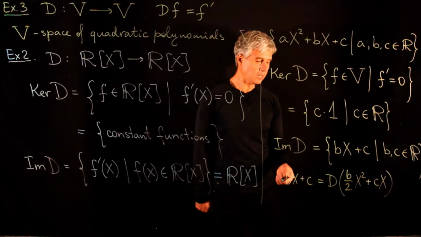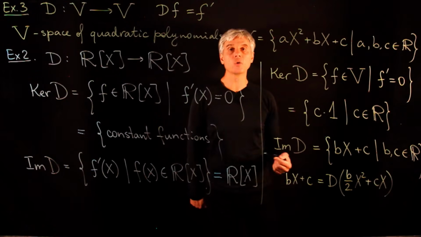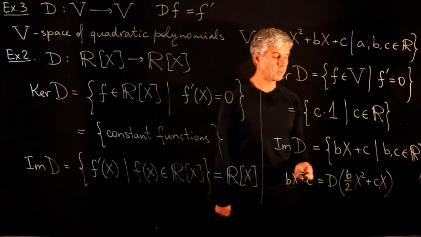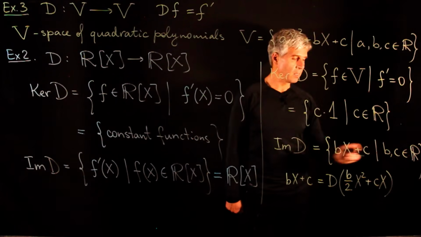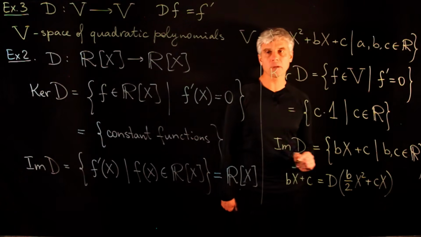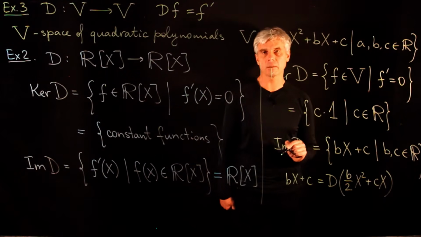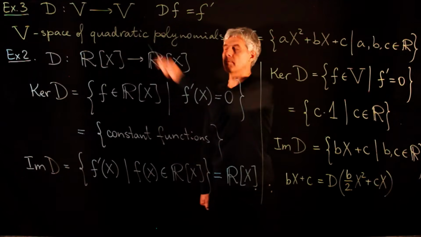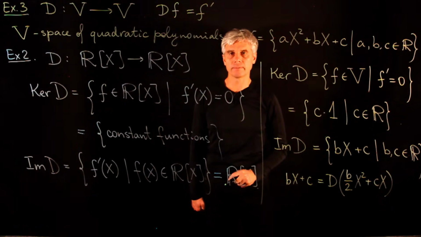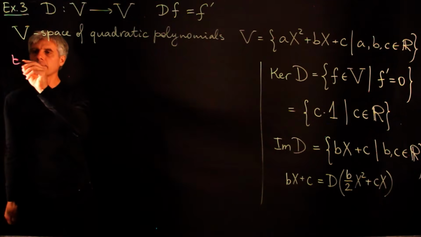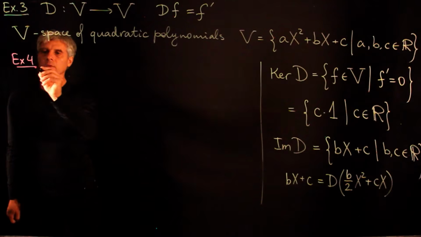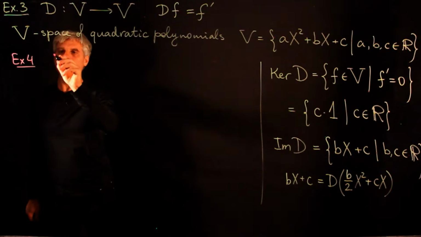And clearly, a quadratic polynomial cannot be obtained as a derivative of a quadratic polynomial. So this means that this is the complete description of the image of this linear transformation acting between the space V and itself.